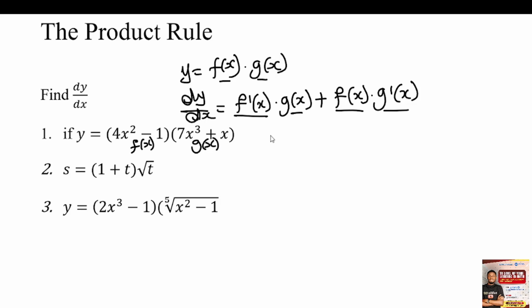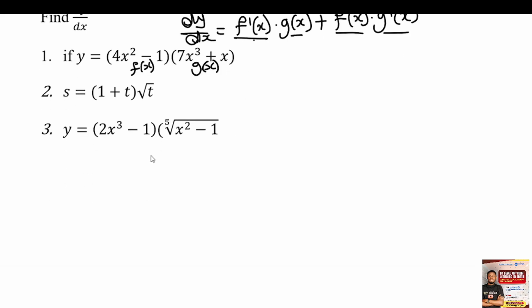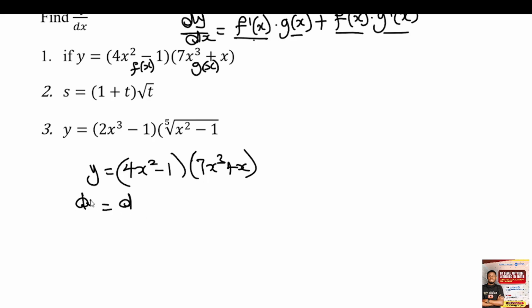So by the product rule, which says that differentiate the first one, keep the second, then keep the first one, differentiate the second one. So in our case, let me reinstate the function again. So we have y equals 4x squared minus 1 times 7x cubed plus 6.